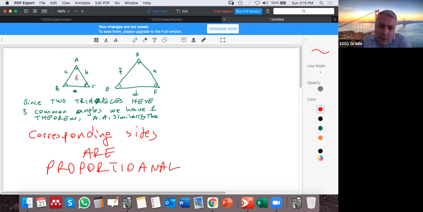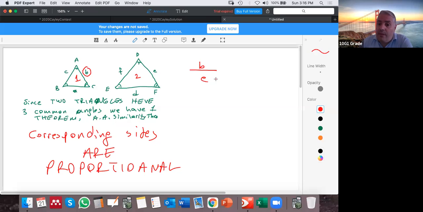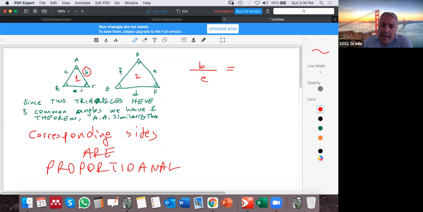So in the first triangle and in the second triangle, opposite of this angle, which is 30, for example, if I have side length B, this is divided by the side opposite the same angle in the second triangle, which is E. And then in the first triangle, opposite of this one, if I have A, opposite of the same angle in the second, D, is equal similarly to C over F. And this is the common ratio.